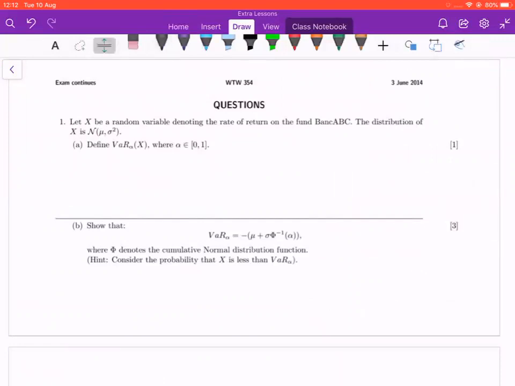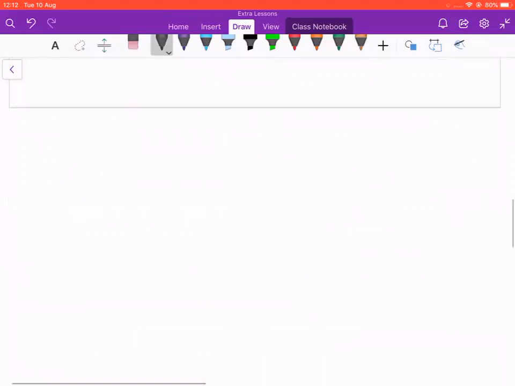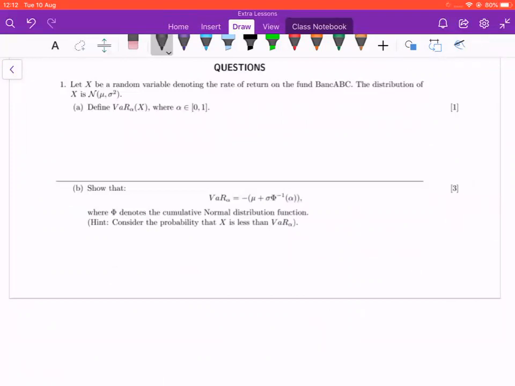The most important thing they can ask you is to show that VaR can be expressed in that manner. This carries about 3 marks. So how do you find this value?